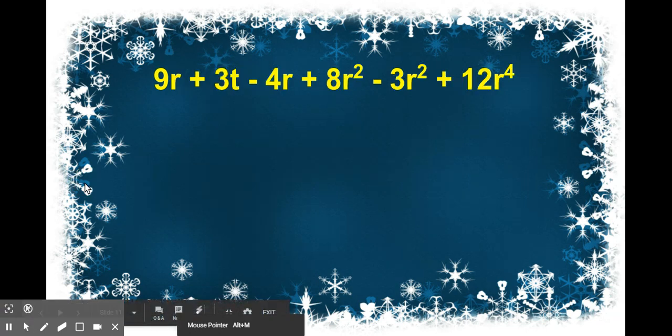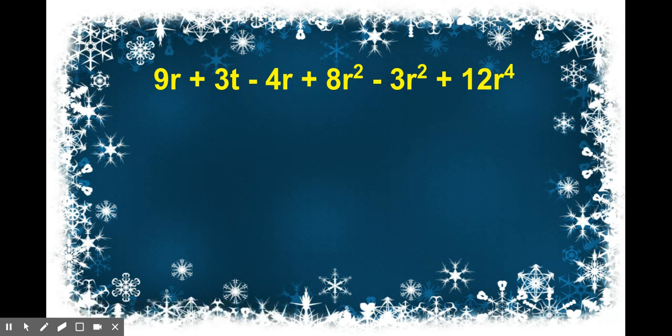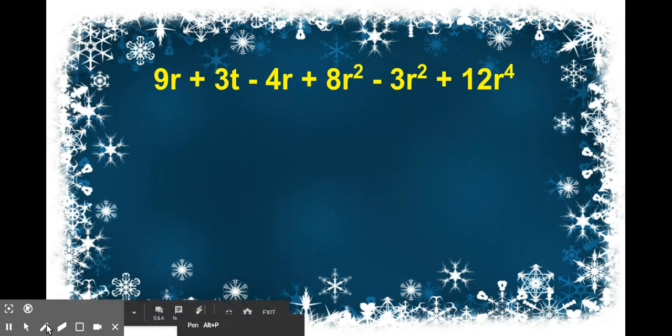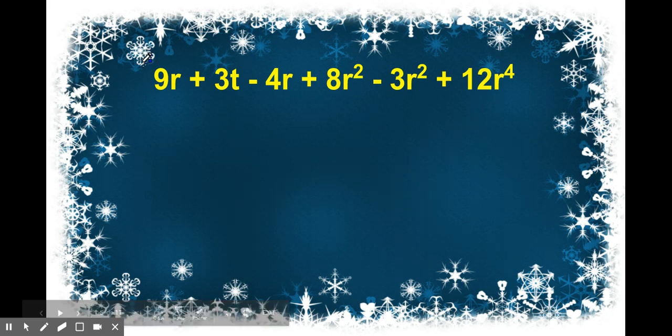Now let's look at our next example. This one, we have 9r plus 3t minus 4r plus 8r squared minus 3r squared plus 12r to the power of 4. So again, I'm going to take a look at the very first term. We have 9r.